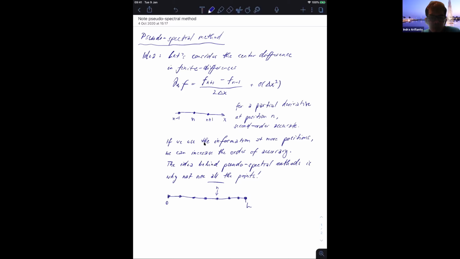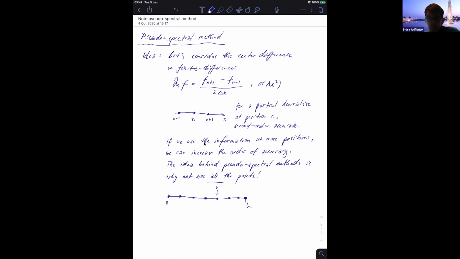So we have to know all of the values at n first. Yes. That's the idea. So if we have that information available, why not use it? Okay. Thank you.